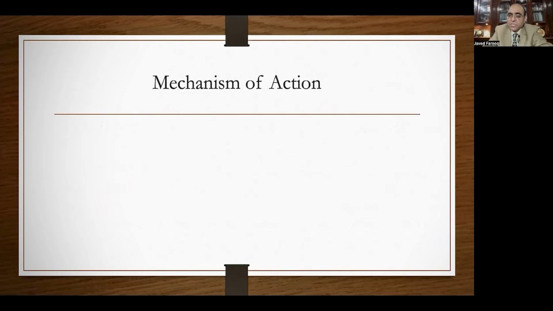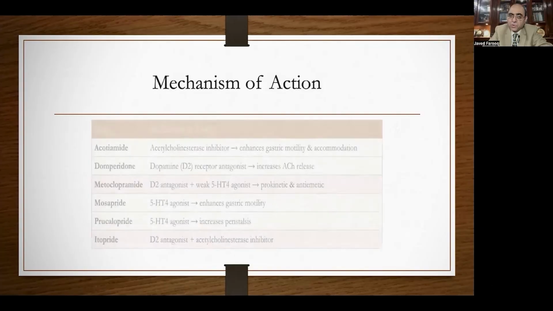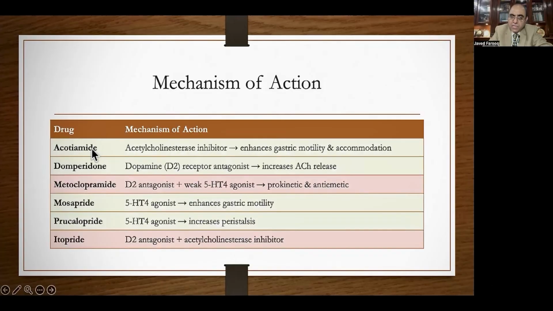Let's start with the mechanism of action of different prokinetics. The six most common prokinetics are: Acotiamide, domperidone, metoclopramide, mosapride, prucalopride, and Itopride.